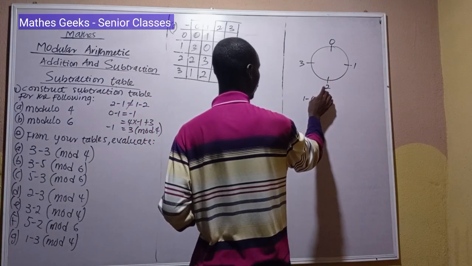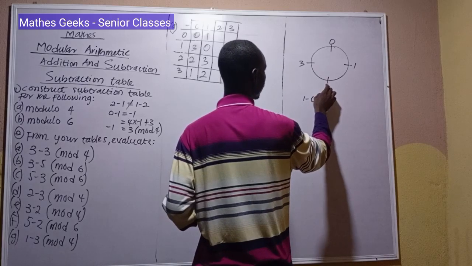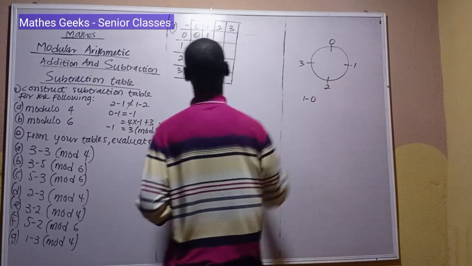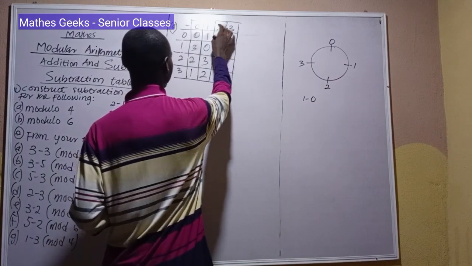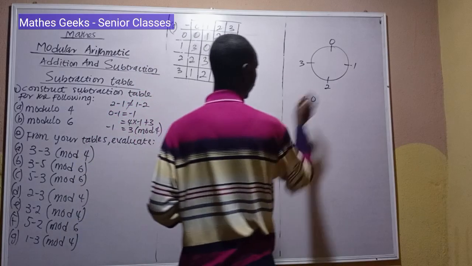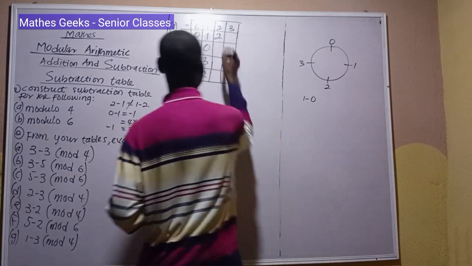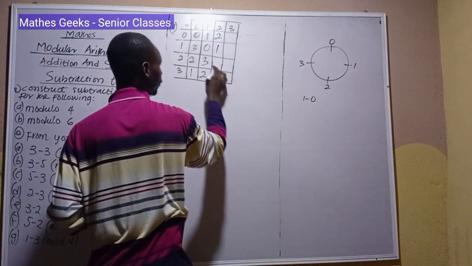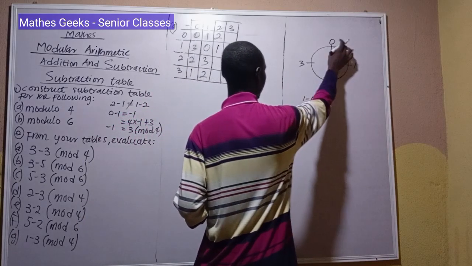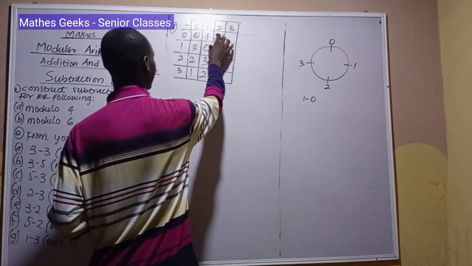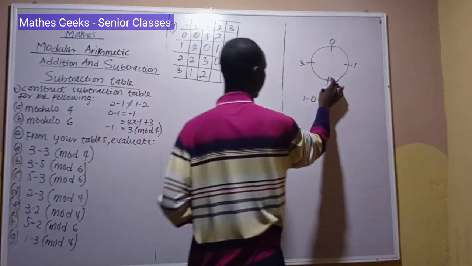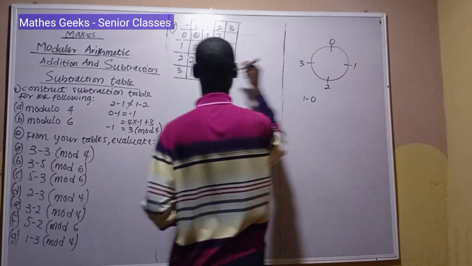So 2 minus 0: when you start at 2, move backwards 0 times. That is 2. 2 minus 1: from 2 once, that's 1. 2 minus 2: from 2, 1, 2. That's 0. 2 minus 3: from 2, 1, 2, 3.